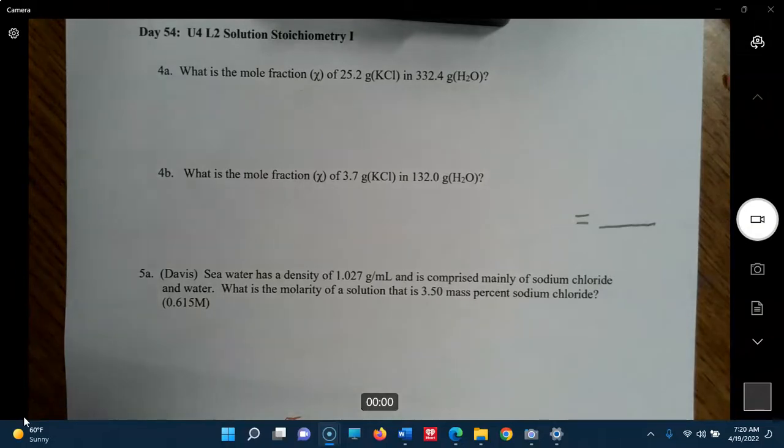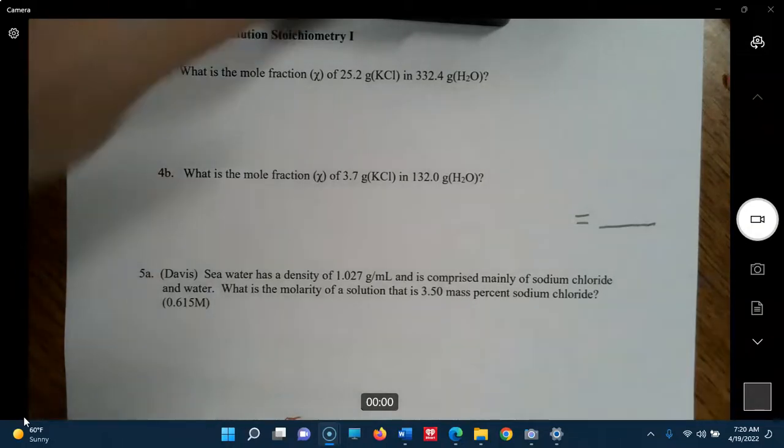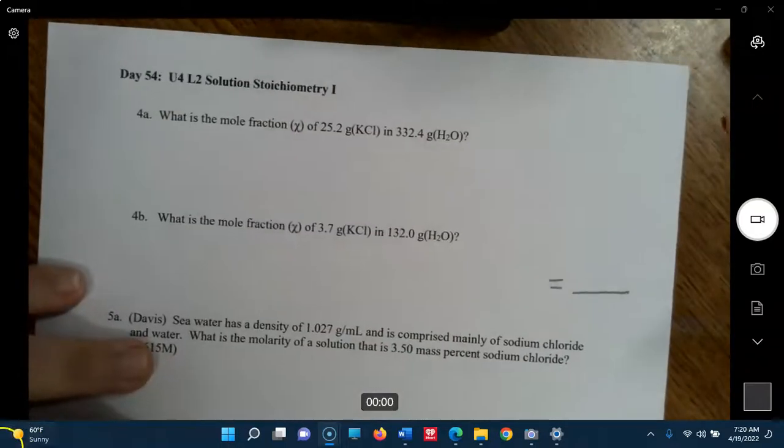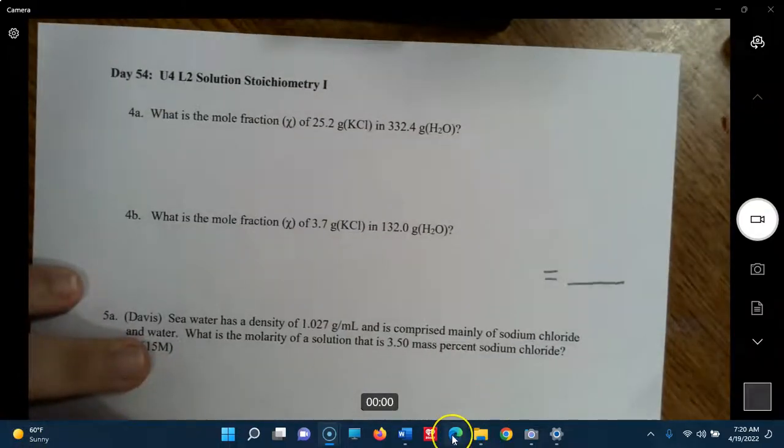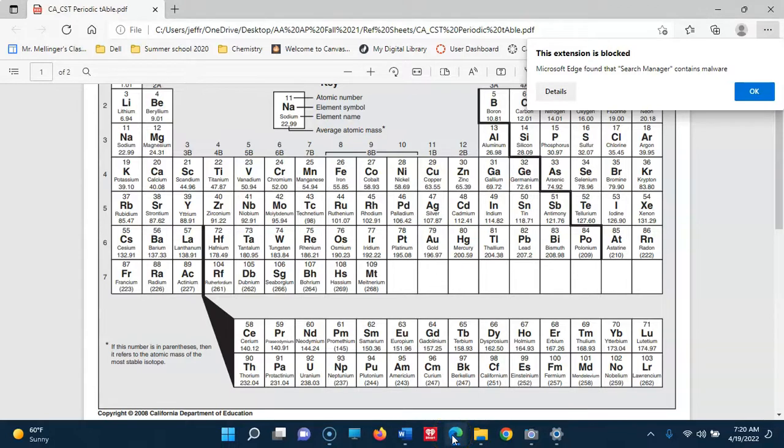Okay, so let's go ahead. I'm going to calculate the molar masses. So let's look at it. K, potassium, is 39.10, and chlorine is 35.45.